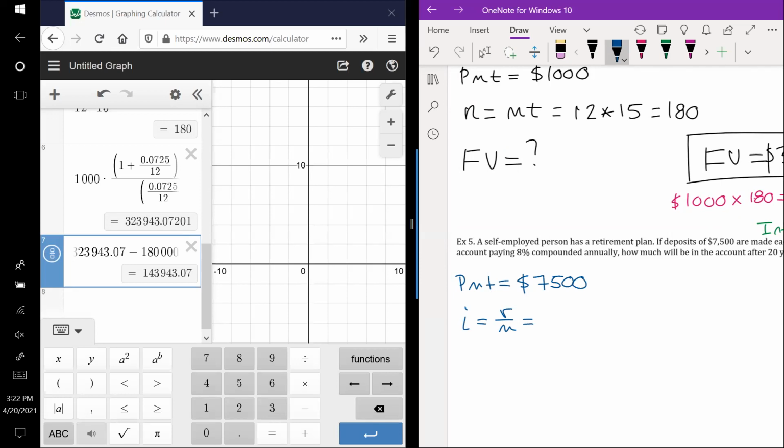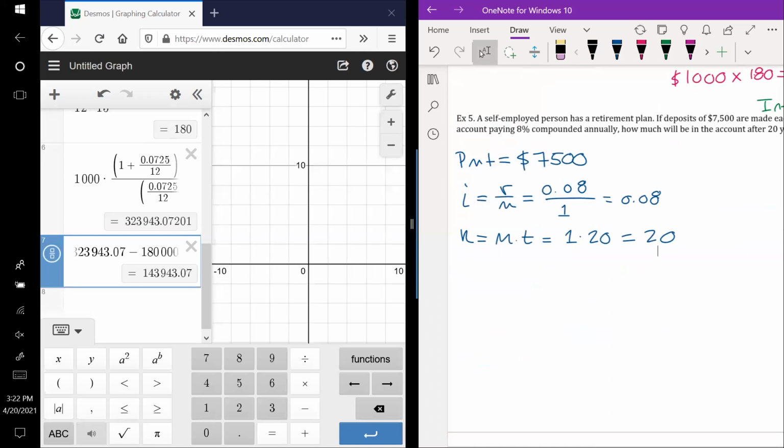Well, we are getting a rate of 8%, so 0.08. And we are compounding annually, so that means it's over 1. How many years are in a year? 1. So I is just 0.08. Then for N, which is compoundings times time, we are compounding every year, and we're doing this for 20 years. So N is 20.